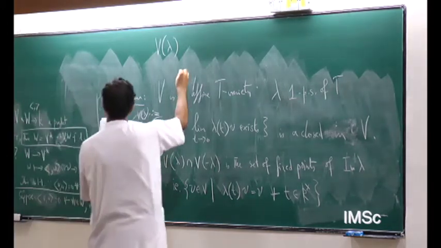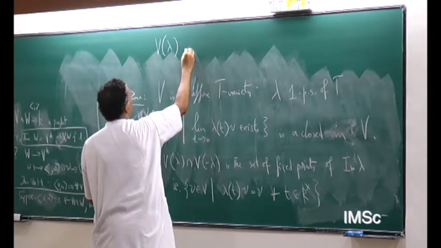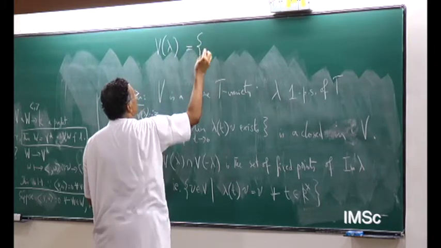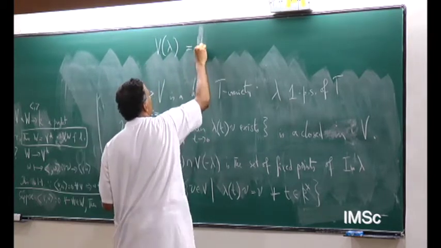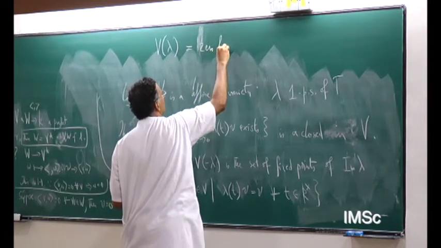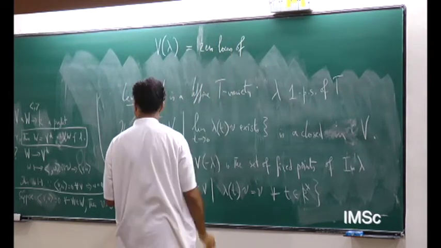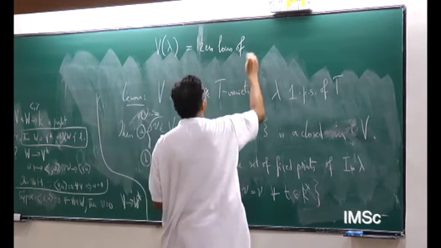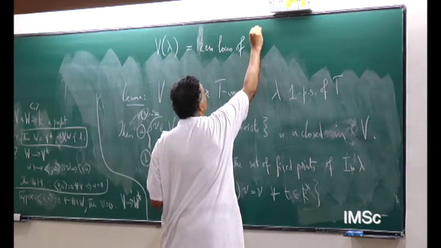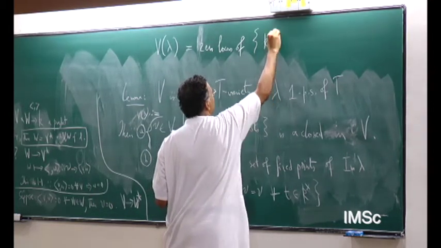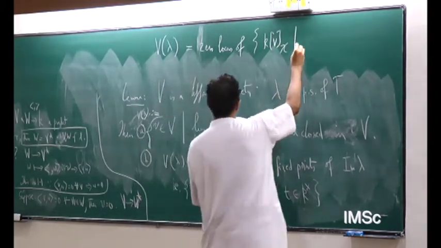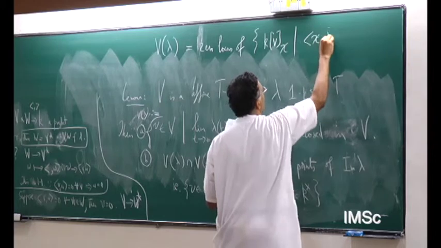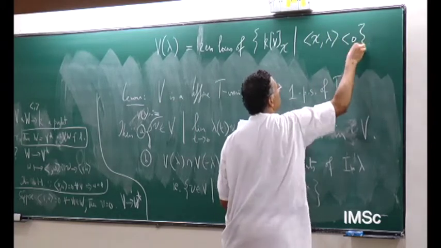V lambda is equal to the ideal of, equal to the zero locus of f in k v chi, with chi lambda less than 0.